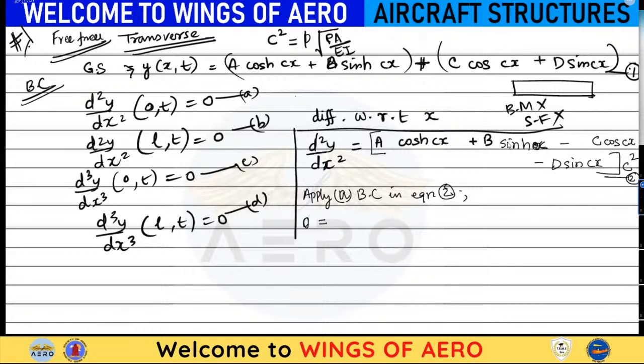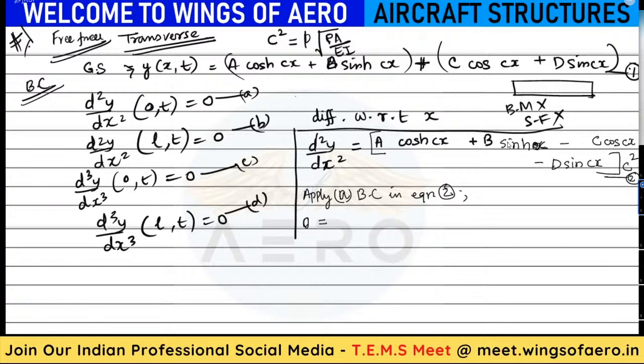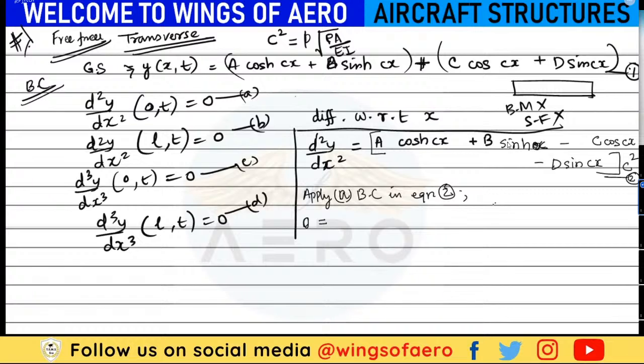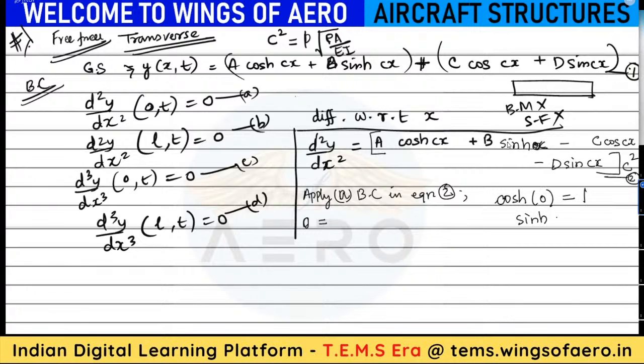So you know cos 0 is 1 and sin 0 is 0. What about your remaining terms, cosh and sinh? Similarly, for cosh, if it is 0, it will also become 1, and for sinh, if it is 0, it will become 0.